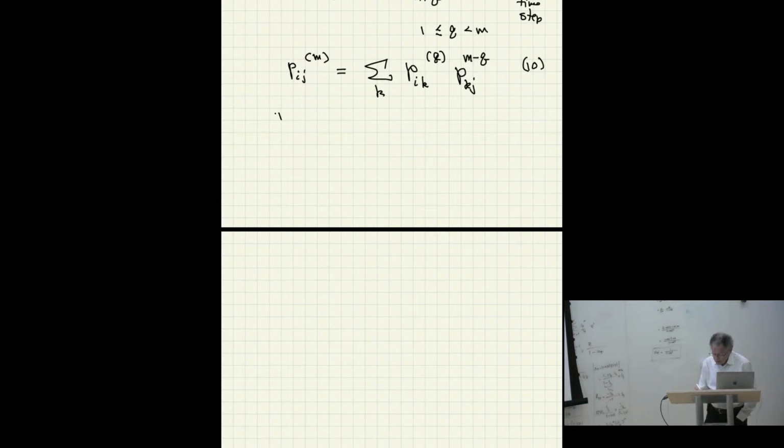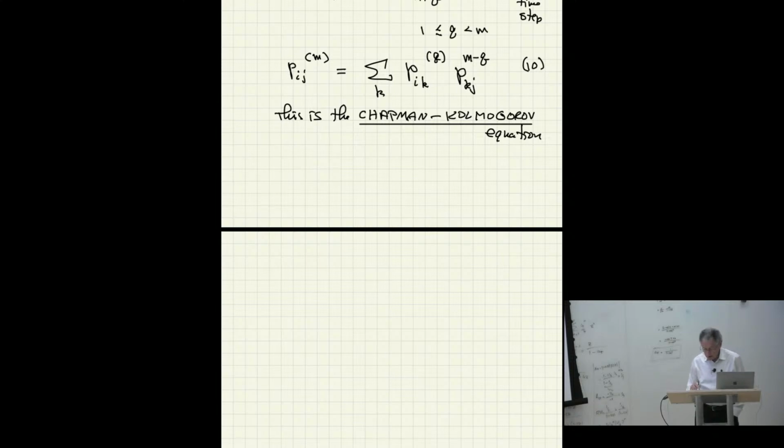This is the Chapman-Kolmogorov equation, after the names of two people, Chapman and Kolmogorov. And we'll be seeing this over and over again.